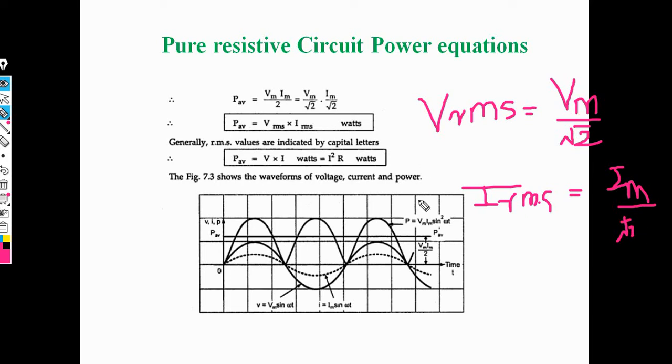Now in this waveform there will be three waveforms.